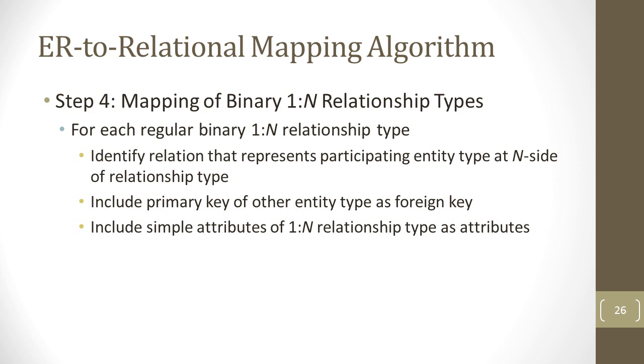Okay, I think I just stepped on my own terminology here. So we identify the N side of the relationship, which would be the employee. That relation is going to store a foreign key to the primary key of the other side. I think I just misspoke. So the employee relation is going to have a foreign key to the department. So if you have department of development, that has a primary key that's, say, a number.